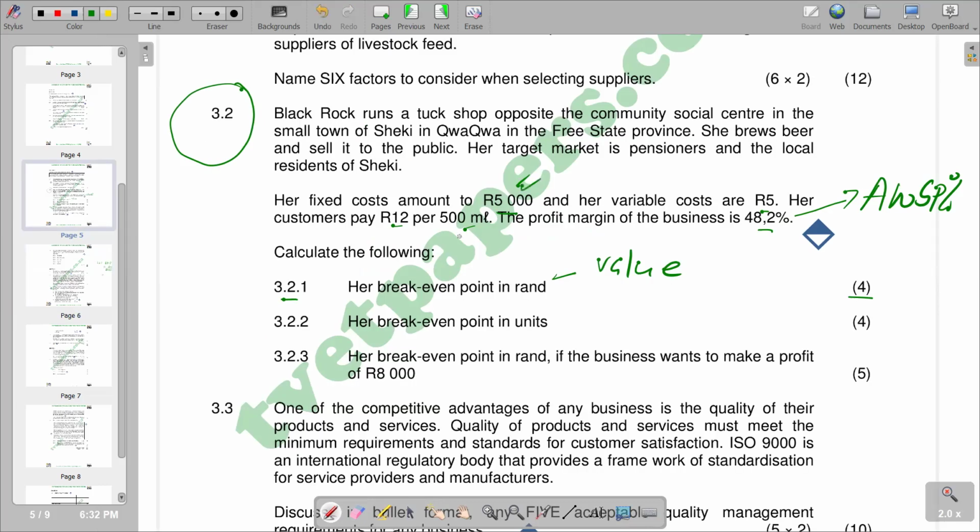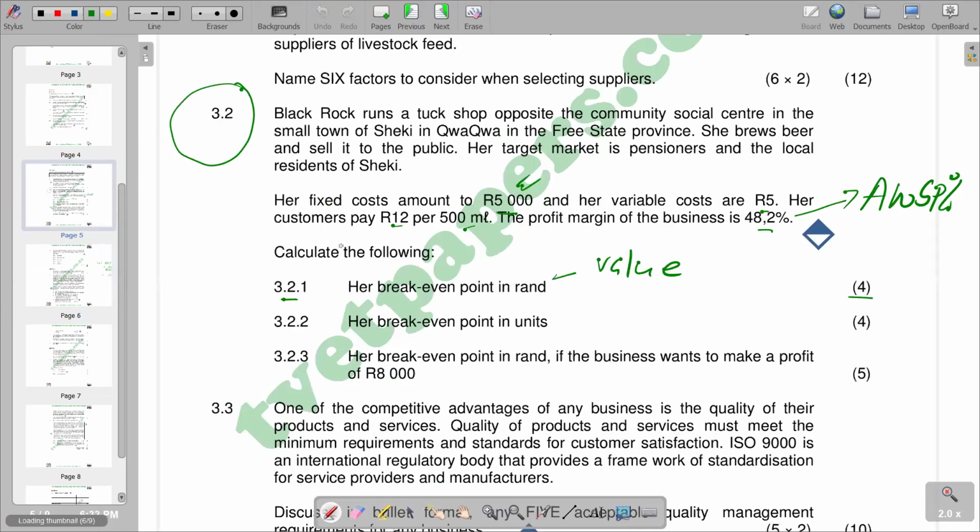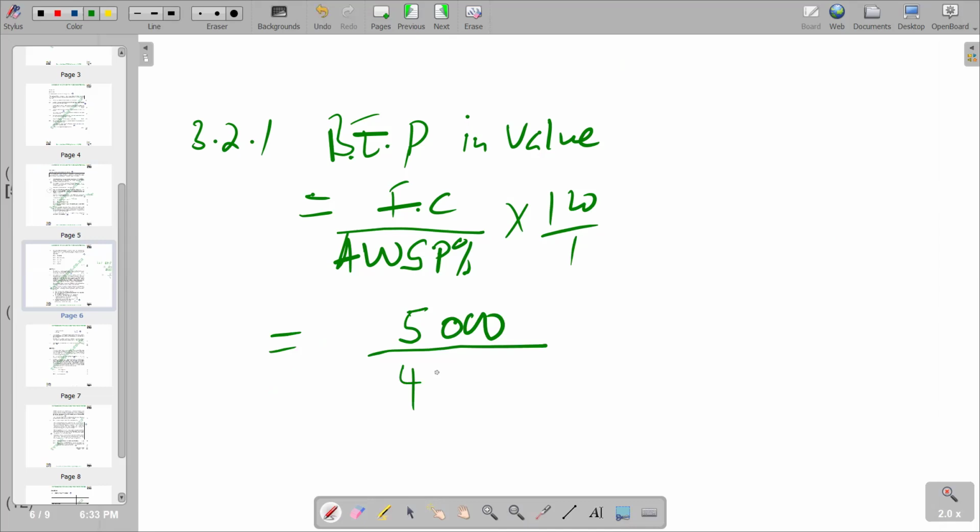So we are saying 5,000, and then we divide by the average weighted gross profit percentage, which is the percentage given here as the profit margin, which is 48.2%. So we divide by 48.2, and then we multiply by 100 over 1.